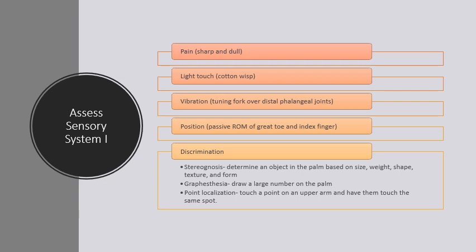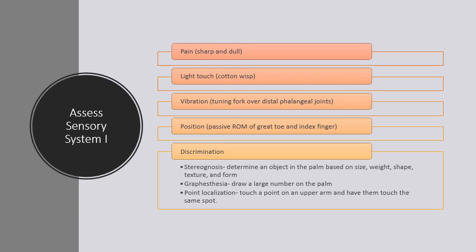So if you had your eyes closed and somebody put a key in your hand, you would recognize the key just based on the size, the weight, the shape, the texture, the form. If somebody put a pen or a pencil in your hand, same thing, you'd be able to tell what it is. Somebody who's had a stroke oftentimes loses object recognition. So that is a good test to do.